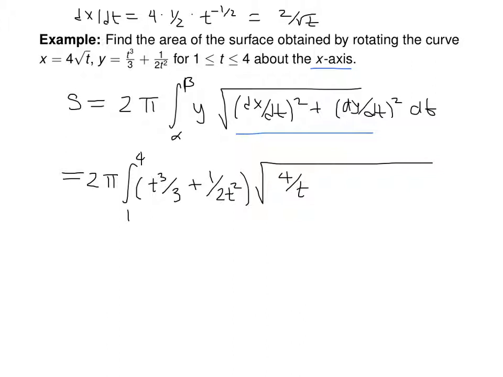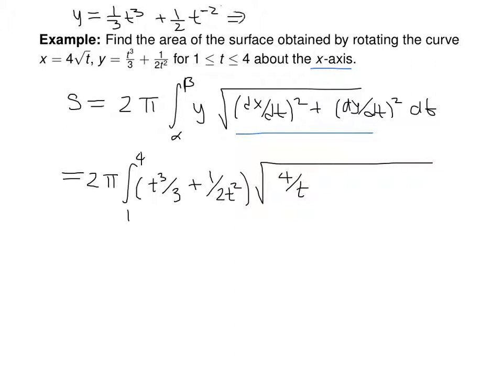Now we need to find dy/dt. So y is equal to 1/3 t cubed plus 1/2 t to the negative second.